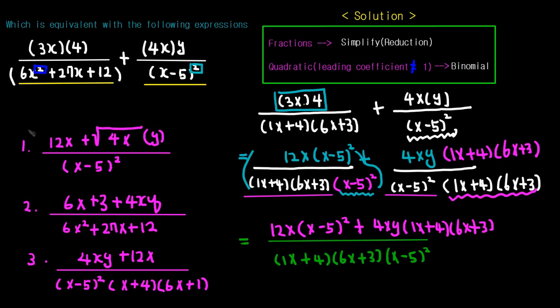First, in choice 1, there is a 12x that is the same, but they just wrote the square root of 4xy. It is just going to be 4xy, not the square root of 4x times y, so we can cancel this out.